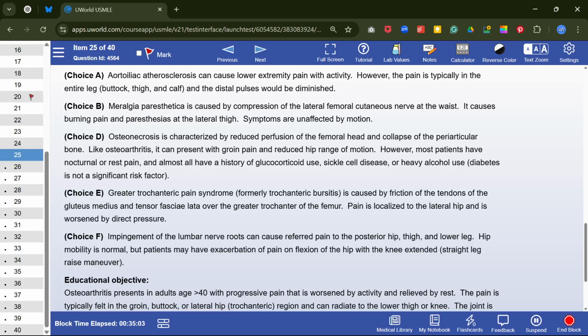However, most patients have nocturnal or waist pain, and almost all have a history of glucocorticoid use, sickle cell disease, or heavy alcohol use. Diabetes is not a significant risk factor.